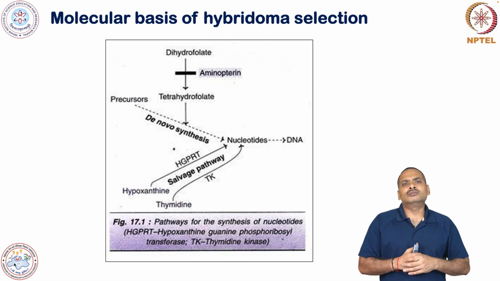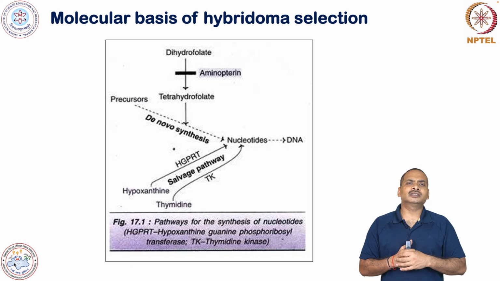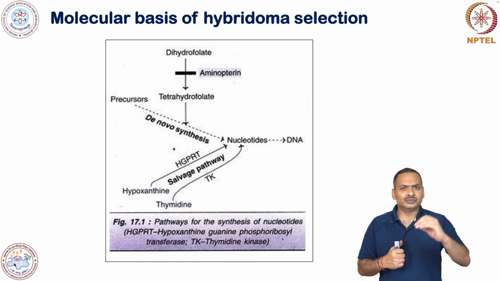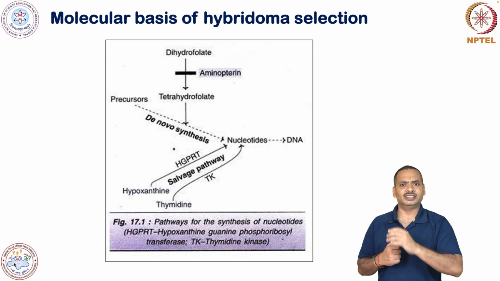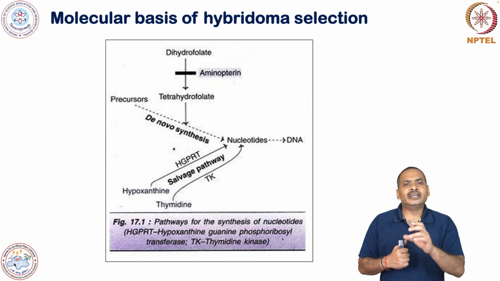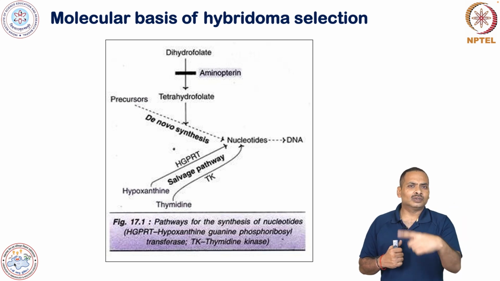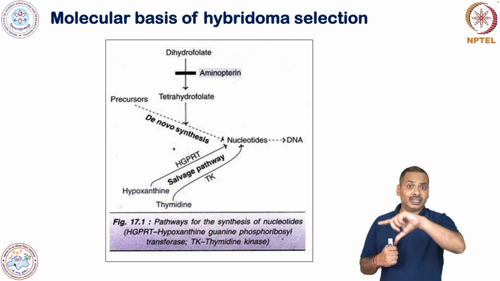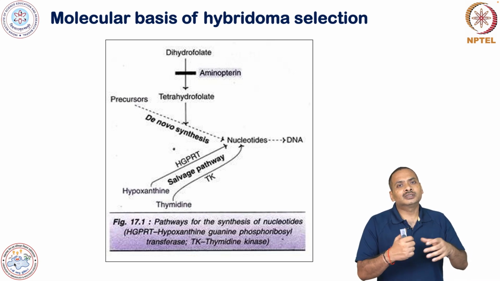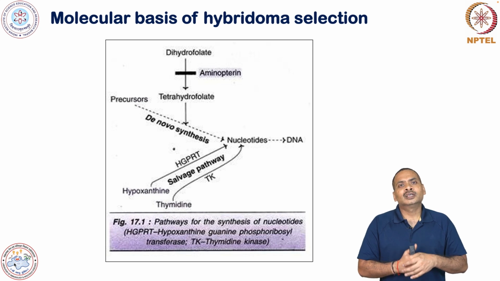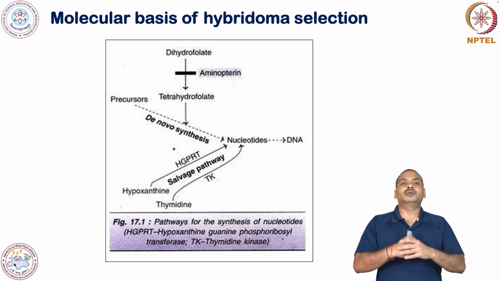So there is one molecule known as aminopterin. Aminopterin is basically a poison which inhibits this enzyme dihydrofolate reductase, okay. So if this dihydrofolate reductase is poisoned, then the cell will switch to the salvage pathway, and for the salvage pathway you need these bases, like hypoxanthine, thymidine, in order to run this pathway.